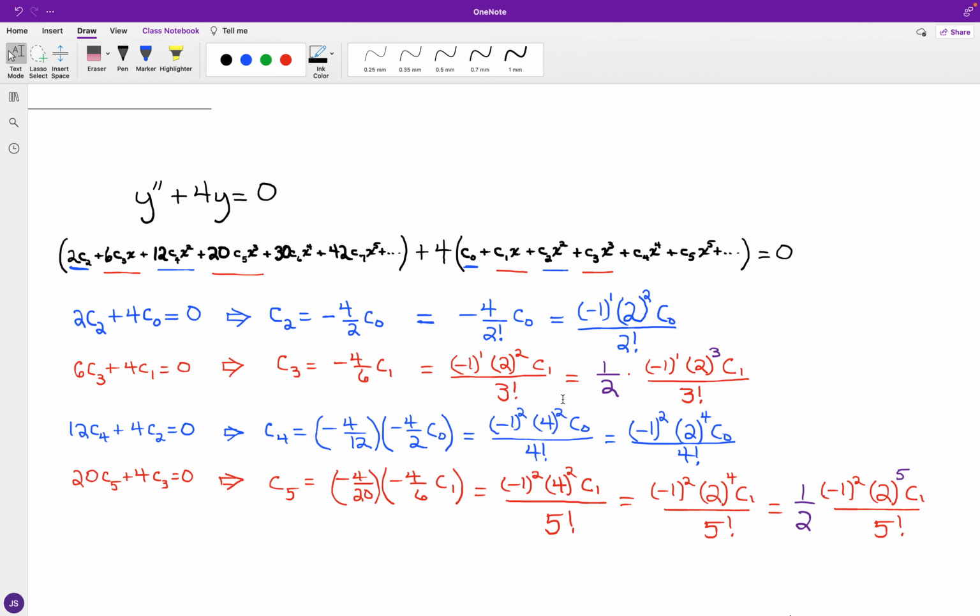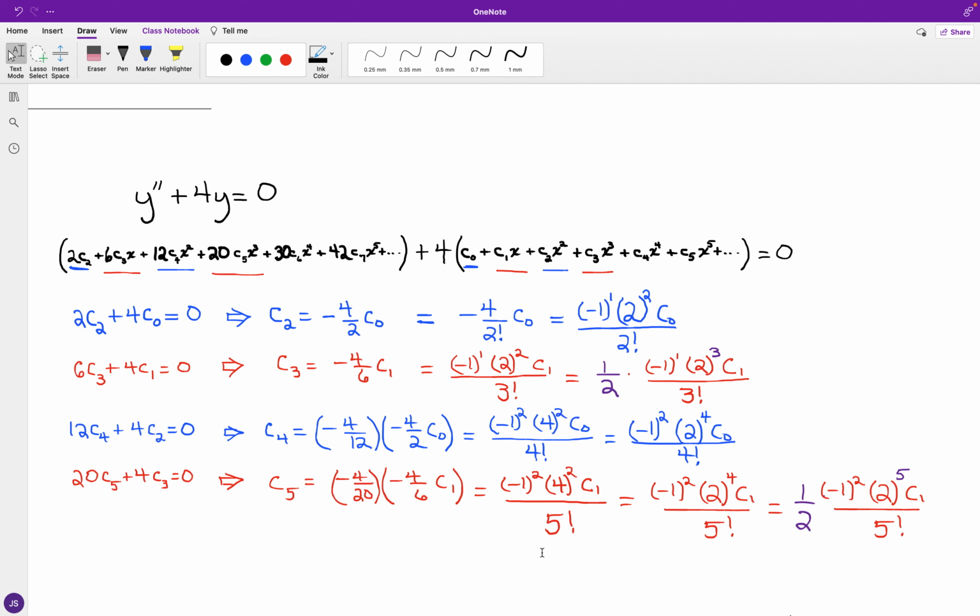For 12 c sub 4 plus 4 c sub 2 equal to 0, c sub 4 is negative 4 twelfths of negative 4 halves c naught, which is negative 1 squared times the square of 4 c naught all over 4 factorial.